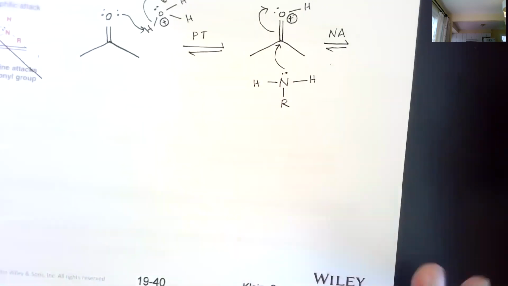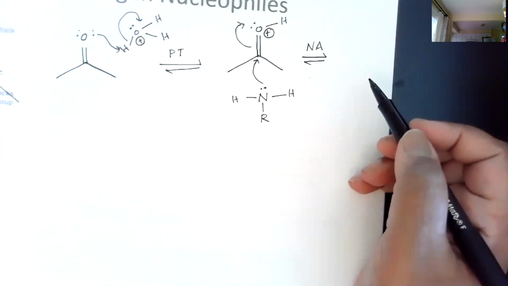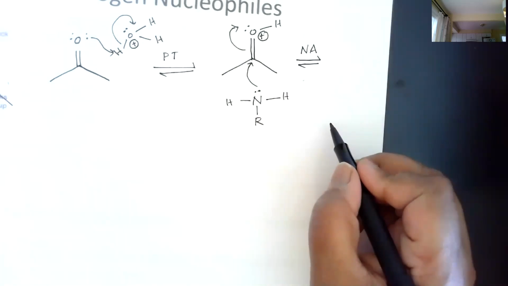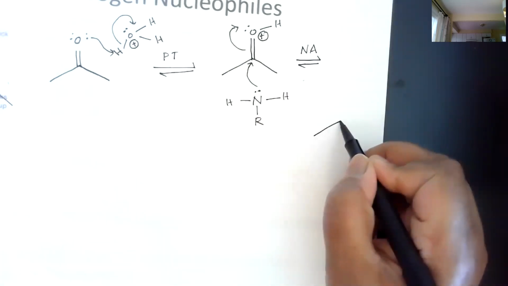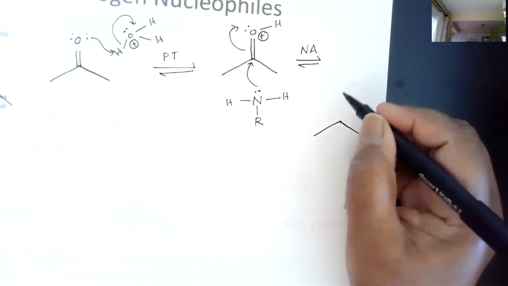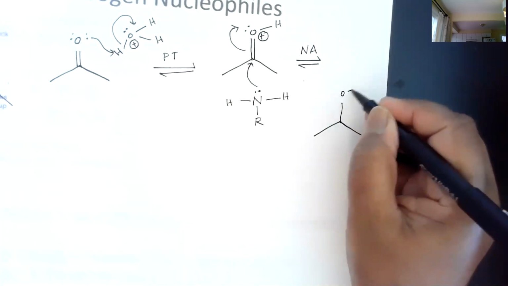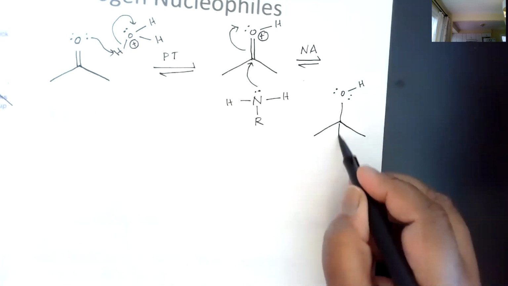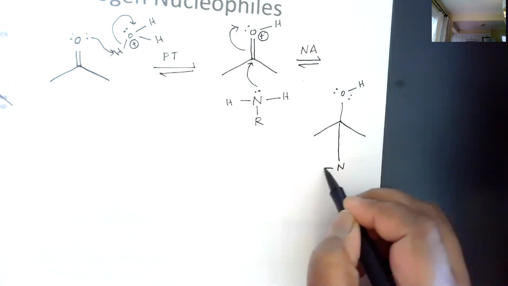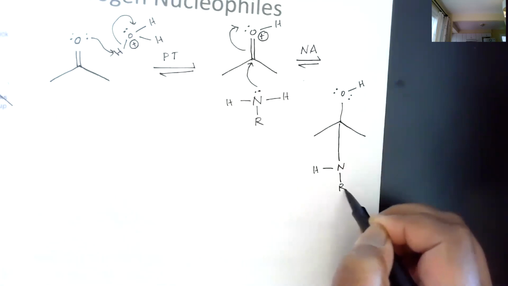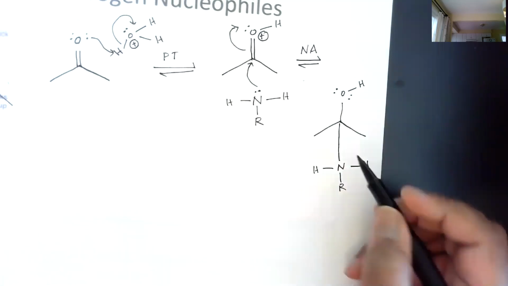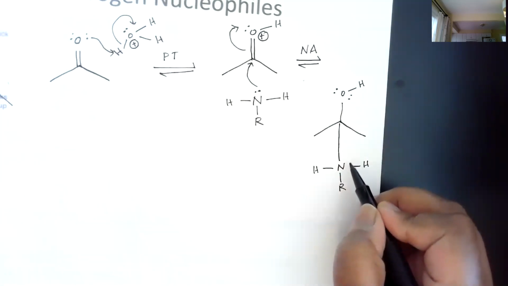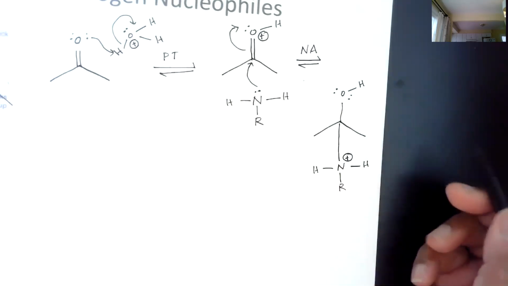Okay. Now, can you perform the next one too? What should we do to clean up the structure? Deprotonation, right? So far the steps are the same for the ROH reaction and this, right?